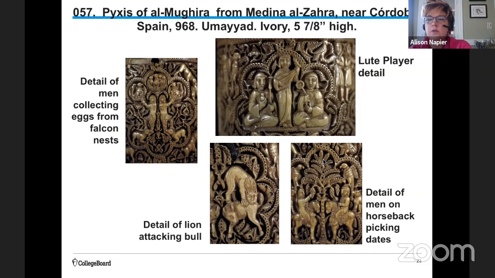So we see 8-lobed medallions surrounded with figures and animals: falconers, wrestlers, griffins, peacocks, birds, goats, animals of all kinds. We know that things like the lute player, the two figures with the braided scepter, and the flask symbolize the Umayyad Caliph, maybe a reference to Al-Mughira's right to the throne.